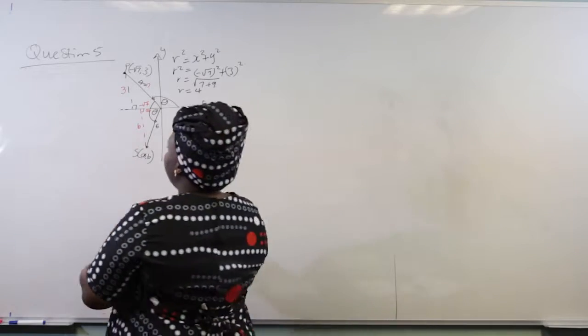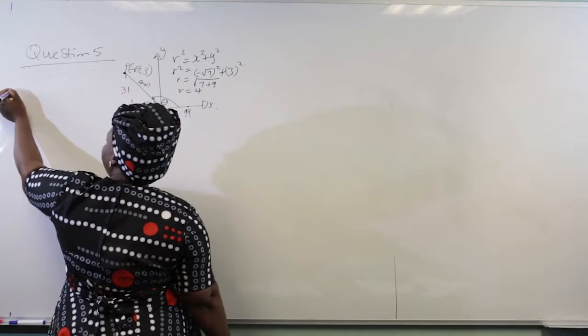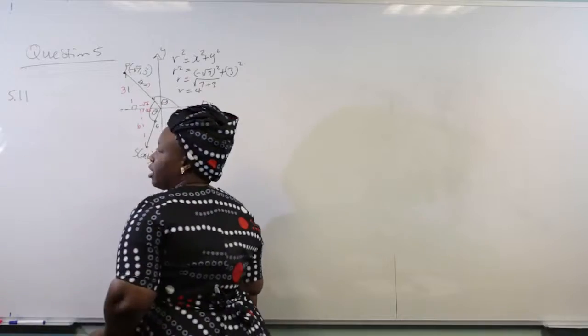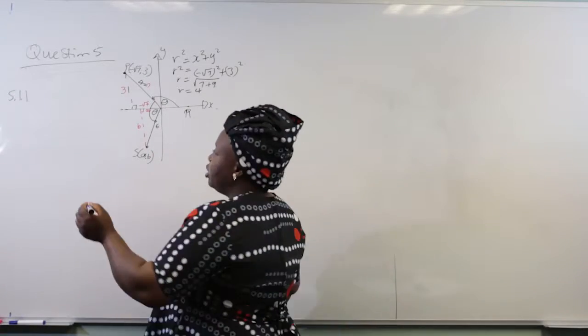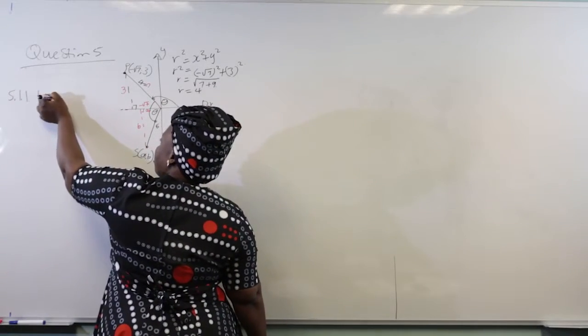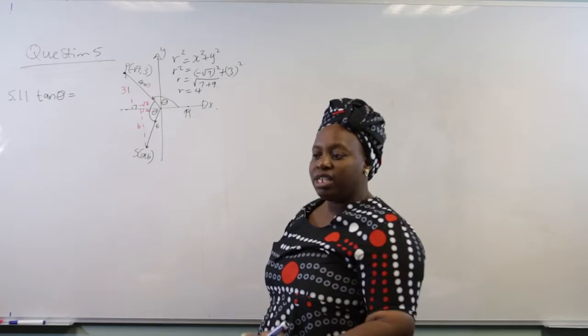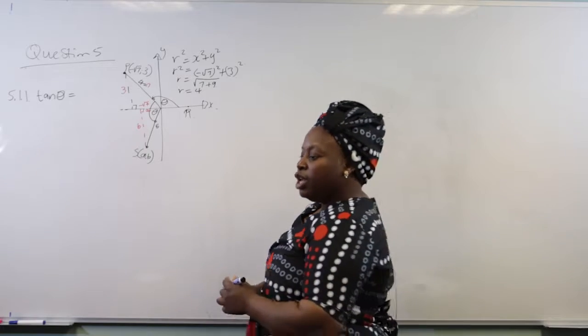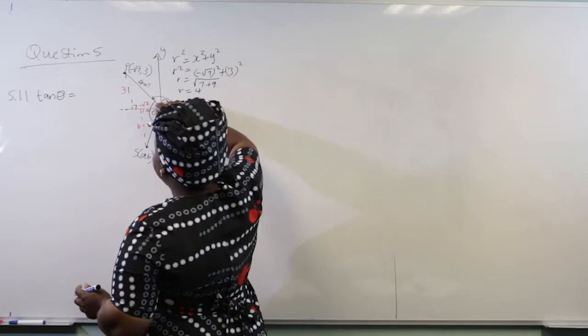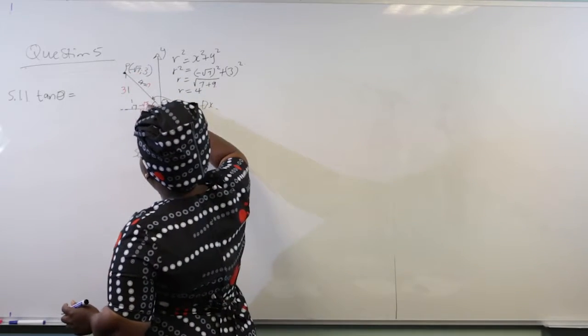It's going to be simple because now you have everything needed. So that is our 5.1.1. We must find tan theta. So tan theta, therefore, is going to be, because remember, tan is opposite over adjacent, using a soccer to a slogan. So tan theta is opposite over adjacent.